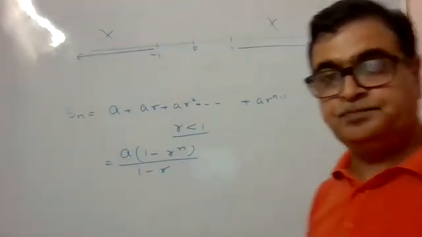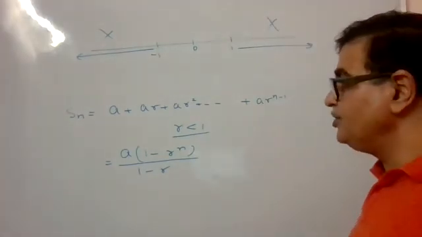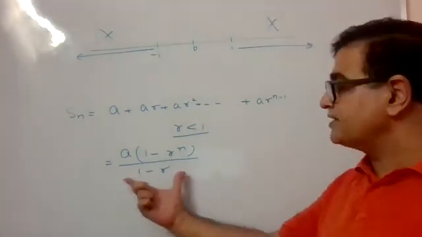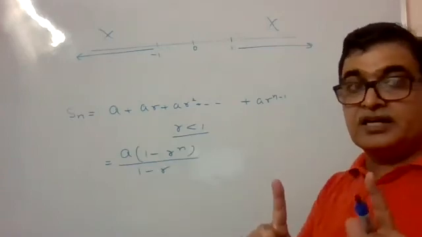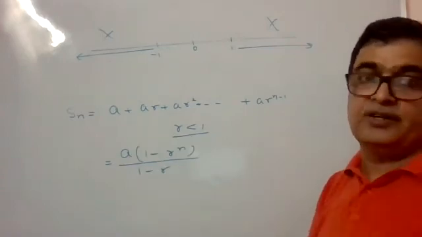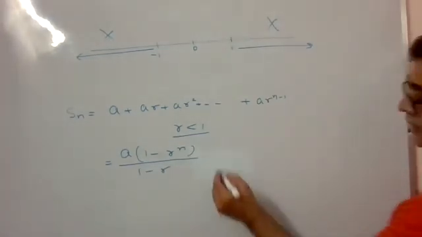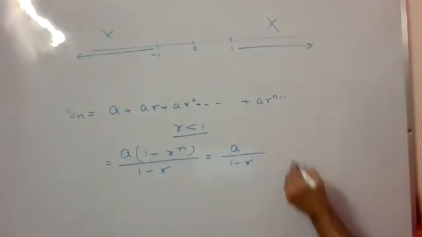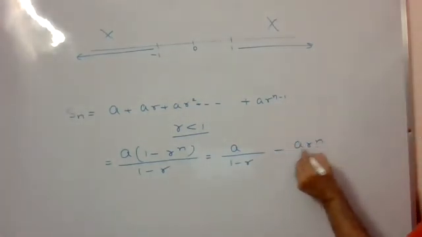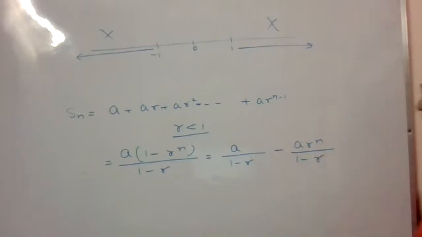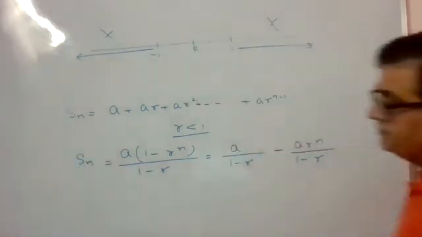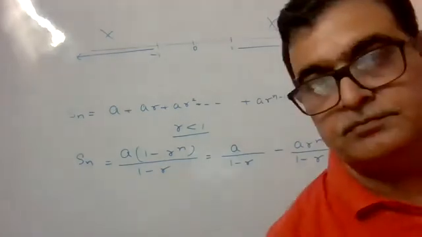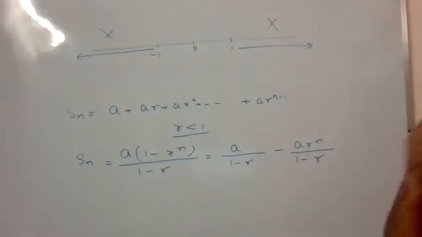Agree on this? Sum of infinite GP we will take later. First I have taken the n term sum, and the condition we are keeping is that R should be less than 1. When it is there, what I should write is A by 1 minus R minus A R power n by 1 minus R. This is your sum of n terms. Okay? Sum of n terms formula is this and this.